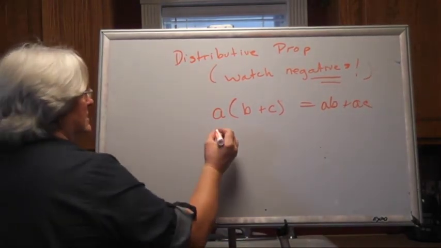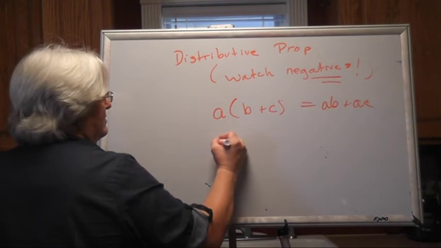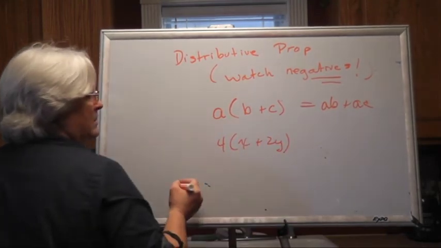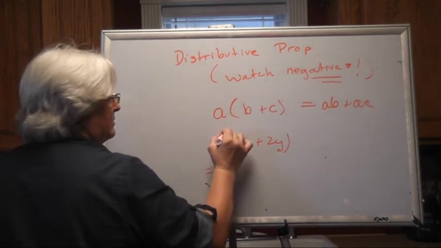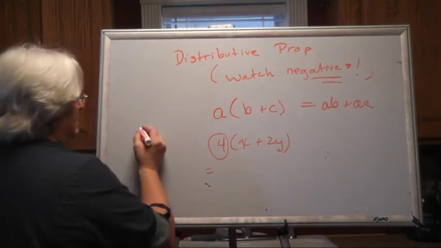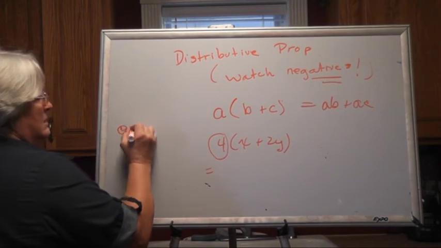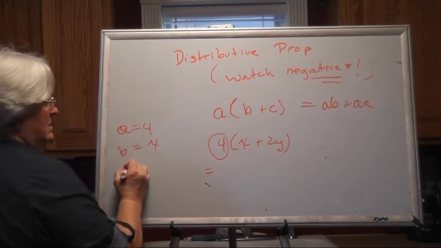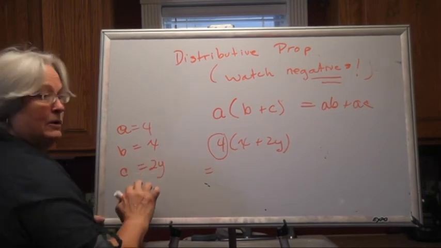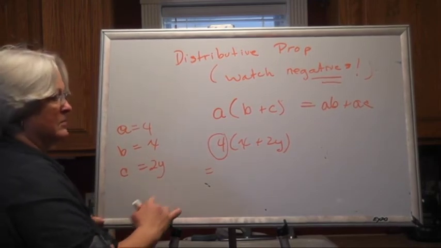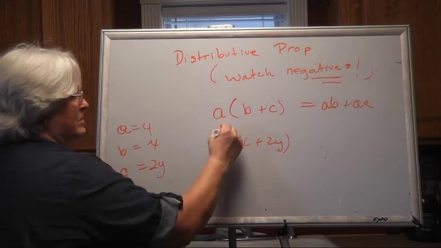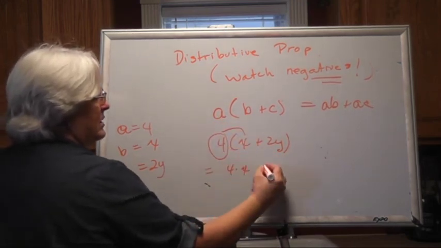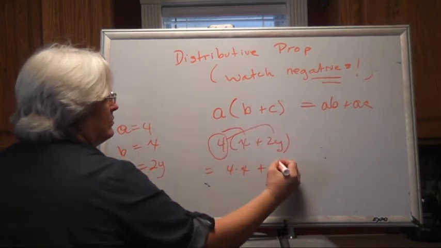What that says is that if you have 4 times x plus 2y, this is our a. a is equal to 4, b is equal to x, c is equal to 2y. Remember how we substituted? So this here becomes 4 times x plus 4 times 2y.